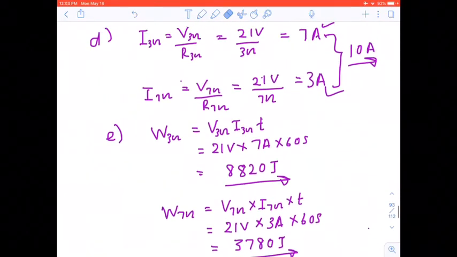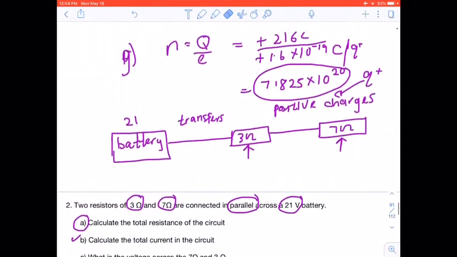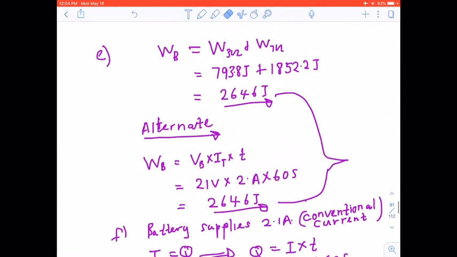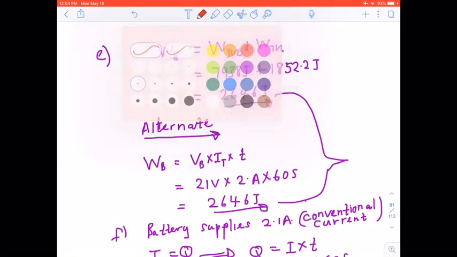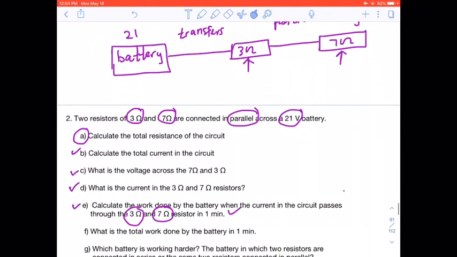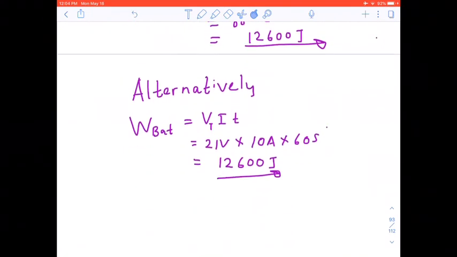Right, so we have that, and so now we know it's 12,600 joules that's being delivered compared to what was given by the battery in the series circuit, as you can see there. See how much energy was being supplied by the battery there. Compared to this one here, it's 12,600 joules, and there's 2646.